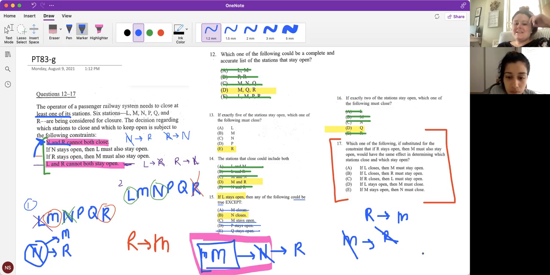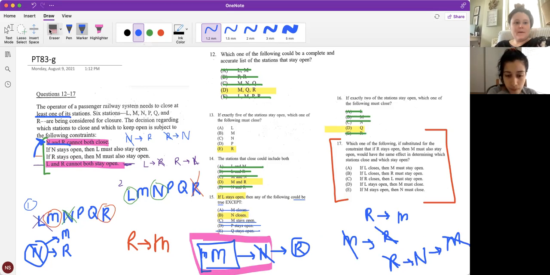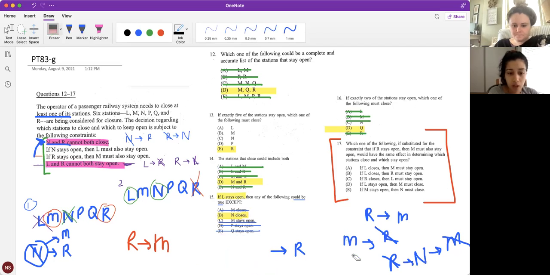Oh, did I do this backwards again? I'm sorry. If we don't have R, then we have N, then we don't have M. Where if R stays open, then M must also stay open. But here we could have R without M. Never mind, I did that backwards.